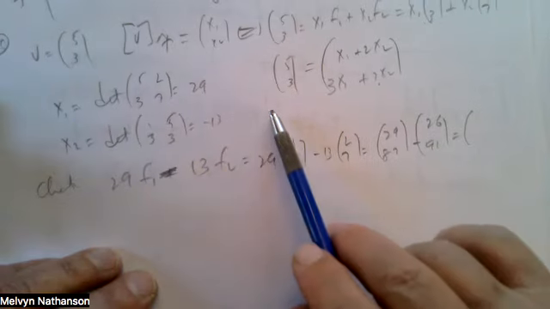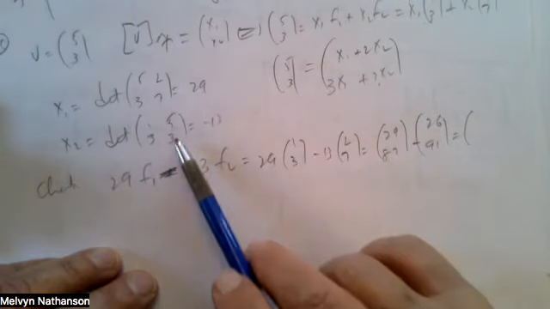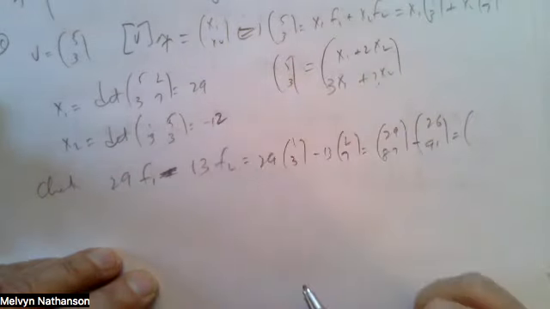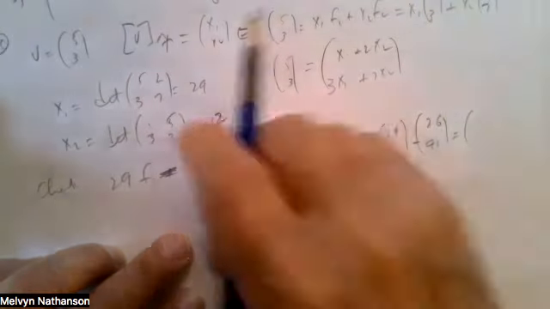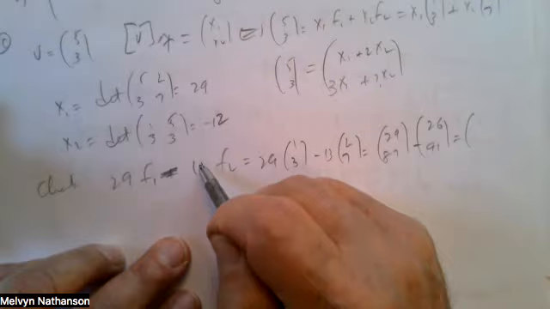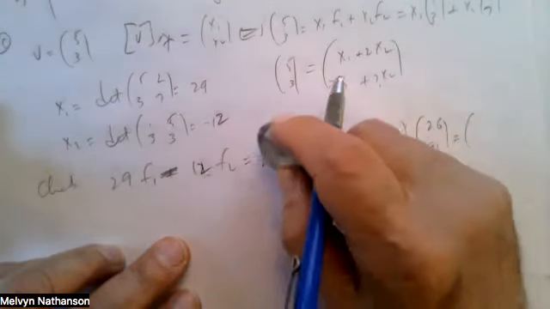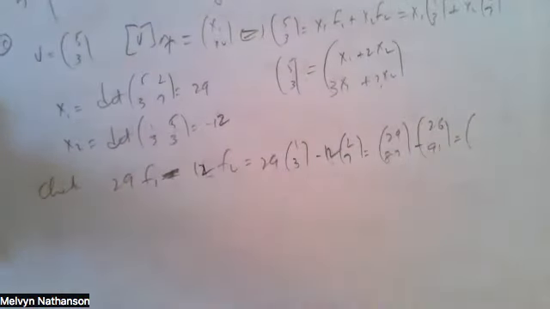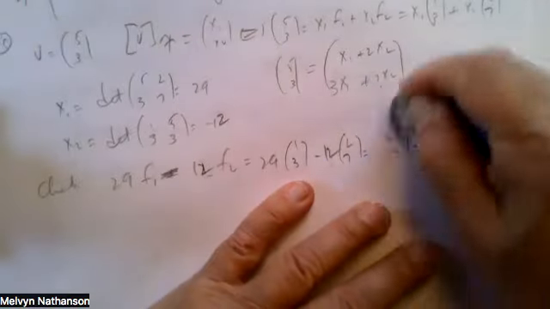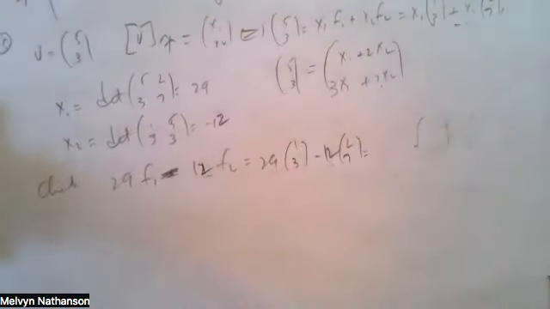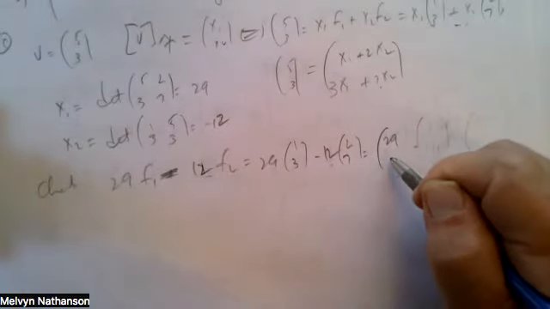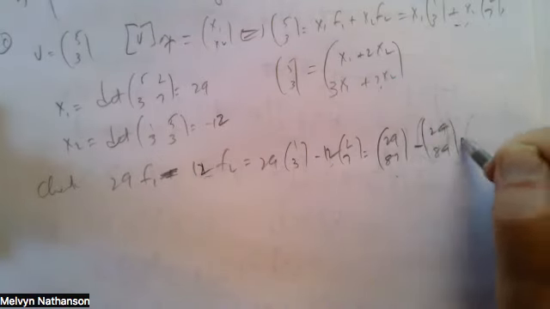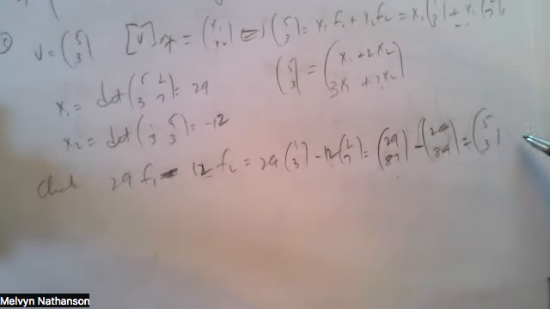And x2 should be the determinant of 1, 3, 5, 3, which is 3 minus 15 is minus 12. So let's see if this makes a difference. I'll make this 12. So this is 29 times this minus 12 times that. That is equal to 29, 87 minus 24, 84, and that is 5, 3. So that's correct.